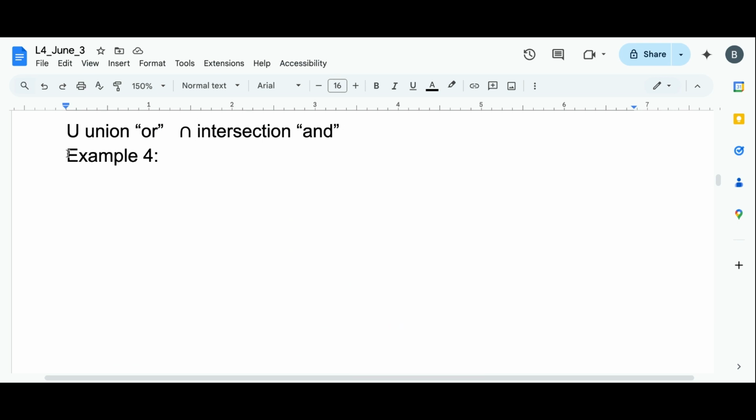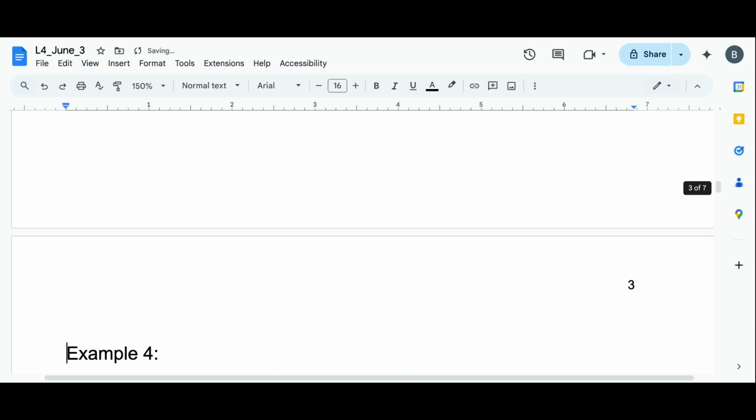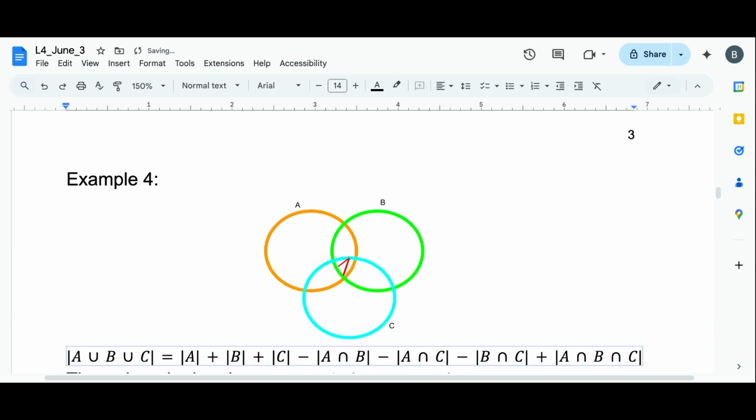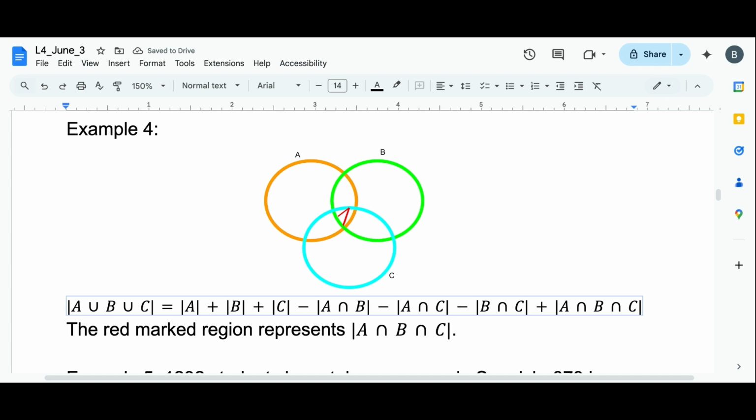Okay, now we're going to look at a 3-set situation. Okay, so looking at the size of A union B union C, which is the collective of all the circles, in at least one of the circles, it's equal to A plus B plus C minus the overlap A and B, A and C, B and C. But then we have to add in this triple intersection A, B, and C with the marked in red.